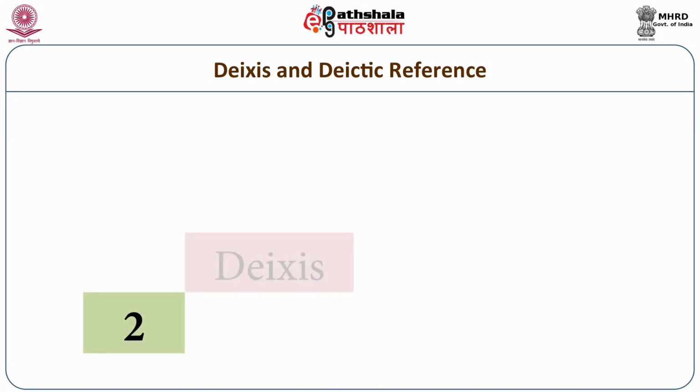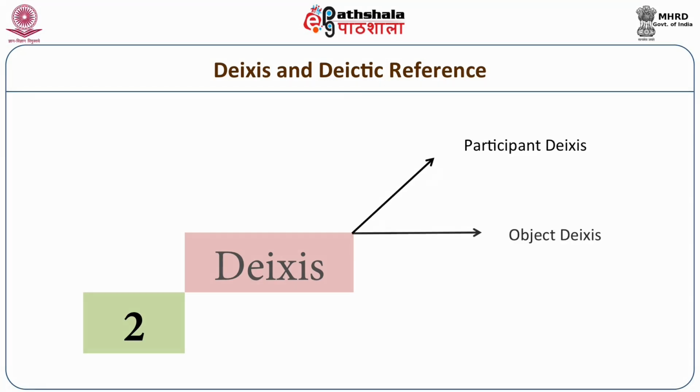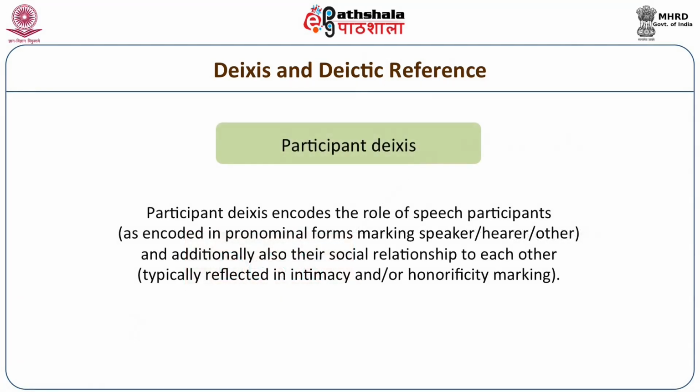Typically, two basic categories of deixis have been distinguished: participant deixis and object deixis. Participant deixis encodes the role of speech participants, usually by pronominals, speaker, hearer, and other, which we have already discussed, and also their social relationship to each other, reflected by intimacy and or honorificity marking.